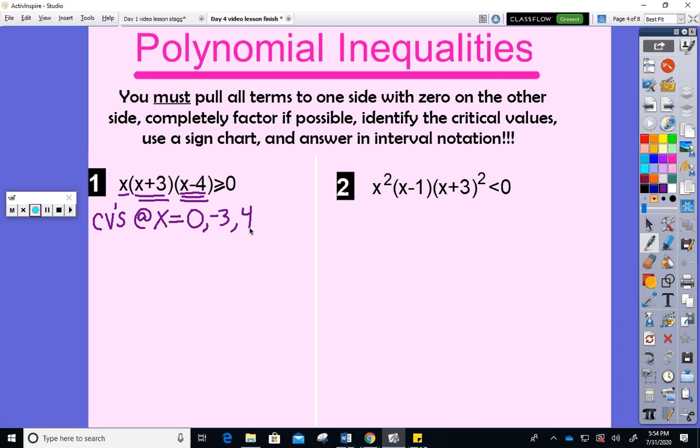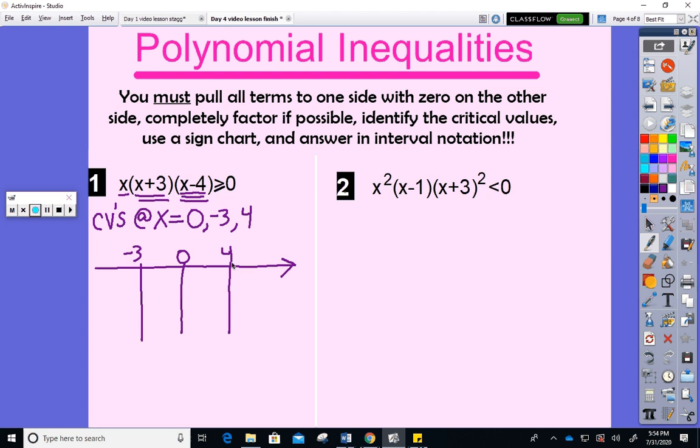All right, once you have your critical values, you're going to make a sign chart. And on the sign chart, you will put the three critical values in order as they would appear on the number line. So 0 would be in the middle, negative 3 would be on the left, and 4 would be on the right.